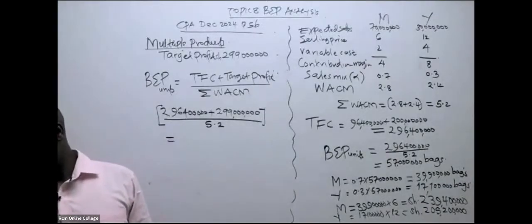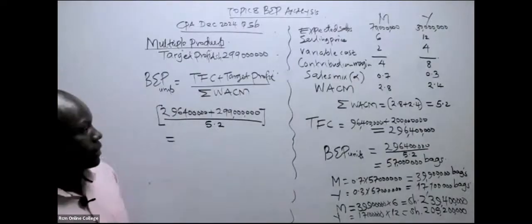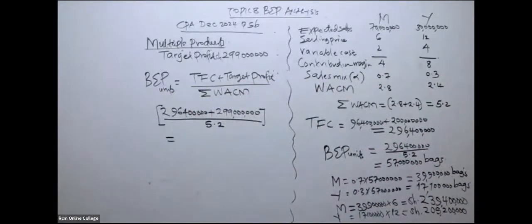There's a question: in such a question, when asked for margin of safety and the question does not specify in units or in shillings, will either suffice? Yes. So long as you're able to give us the formula there, you will get your full marks. What is your break-even point in units? Yes, I've not interfered with anything. 1:1 is the proposed.